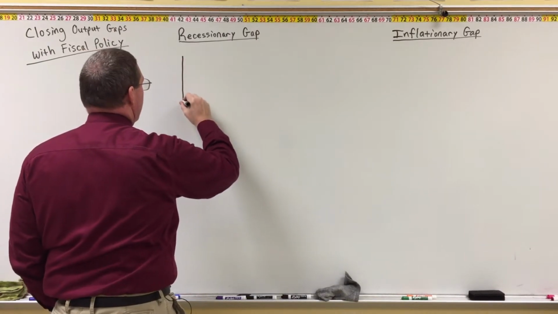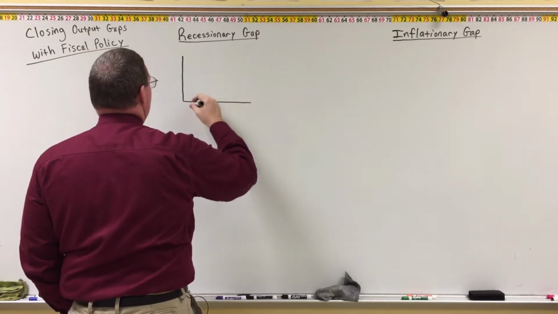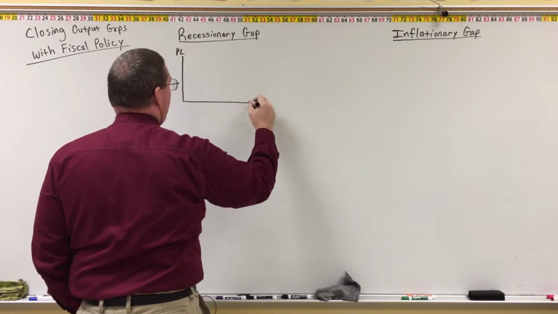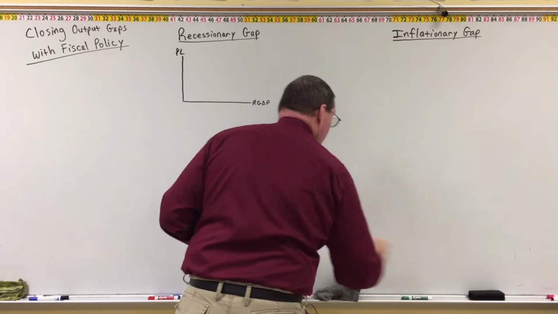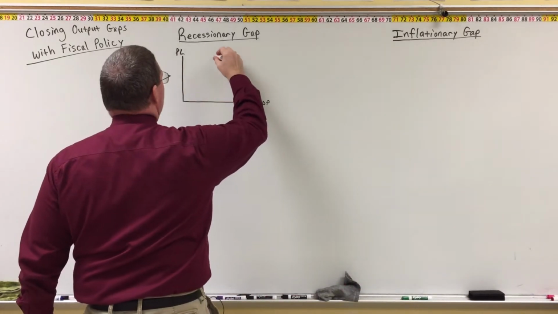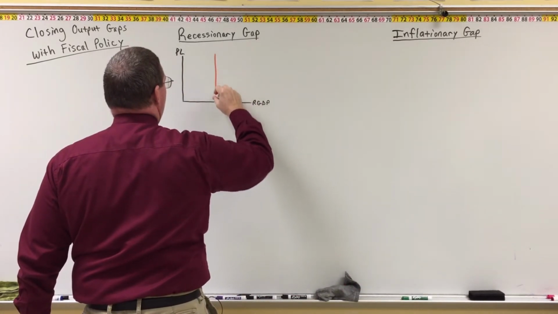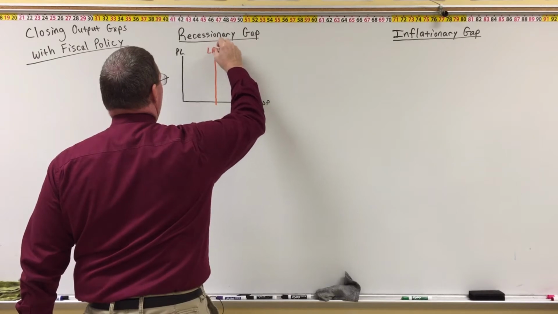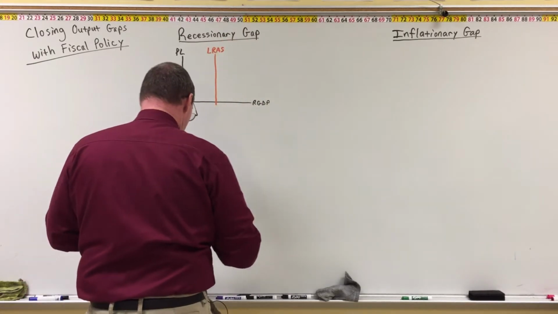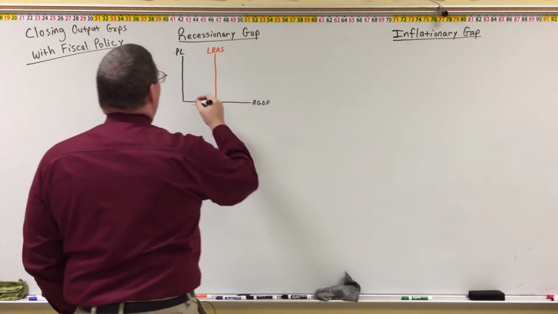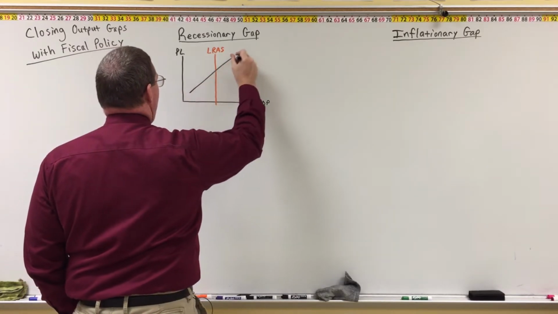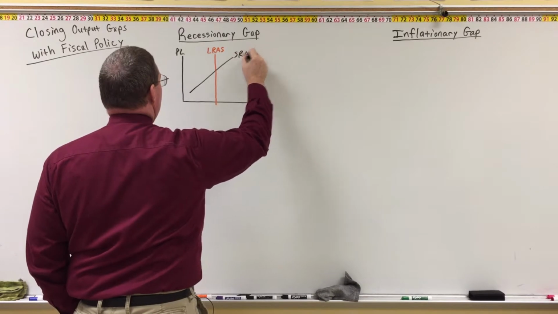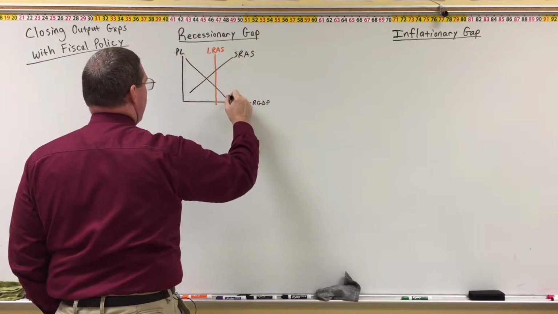for a recessionary gap. Okay, so we'll have price level and real GDP. I'm going to throw in a long-run aggregate supply curve here. LRAS. And it's a recessionary gap, so we'll put a short-run aggregate supply curve in there and an aggregate demand curve in there.